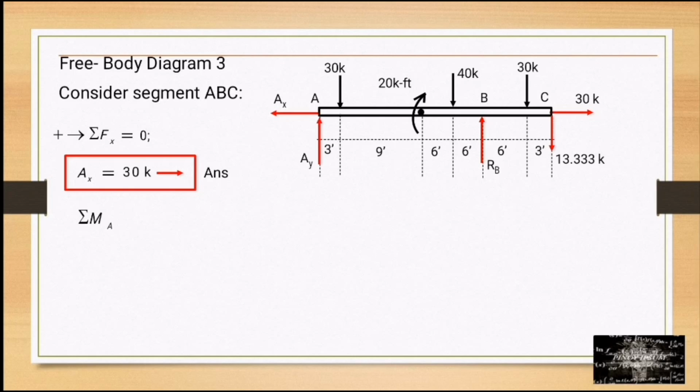So, summation of moment at point A is equal to 0. Considering counterclockwise is positive, makukuha natin yung RB.